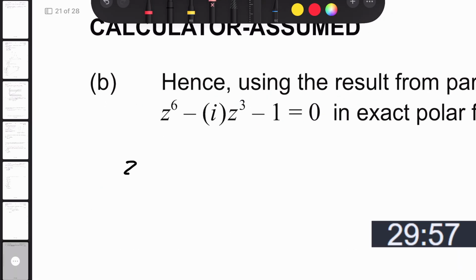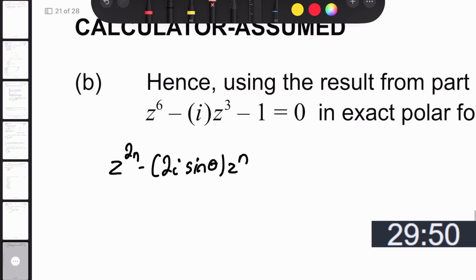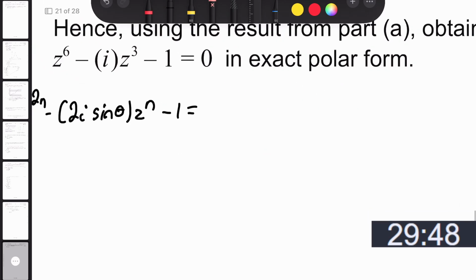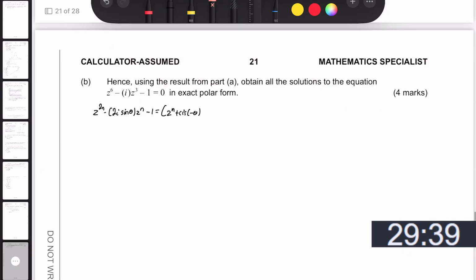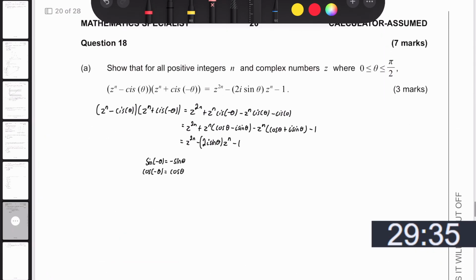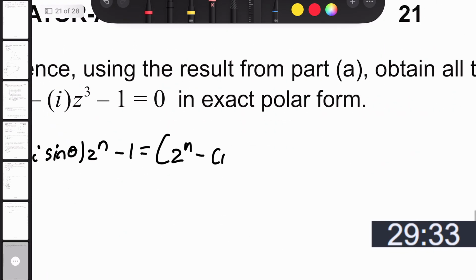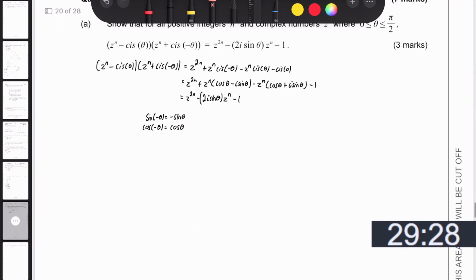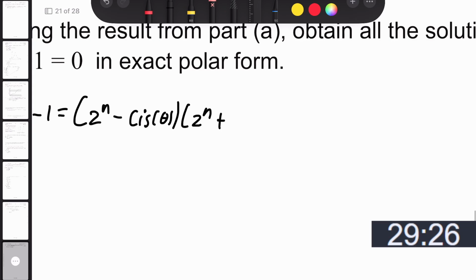So Z2n minus 2I sine of theta to the power of Zn minus 1 is equal to Zn plus cis of negative theta. Wait, what was that? No, cis of minus theta. And wait, minus cis of theta.